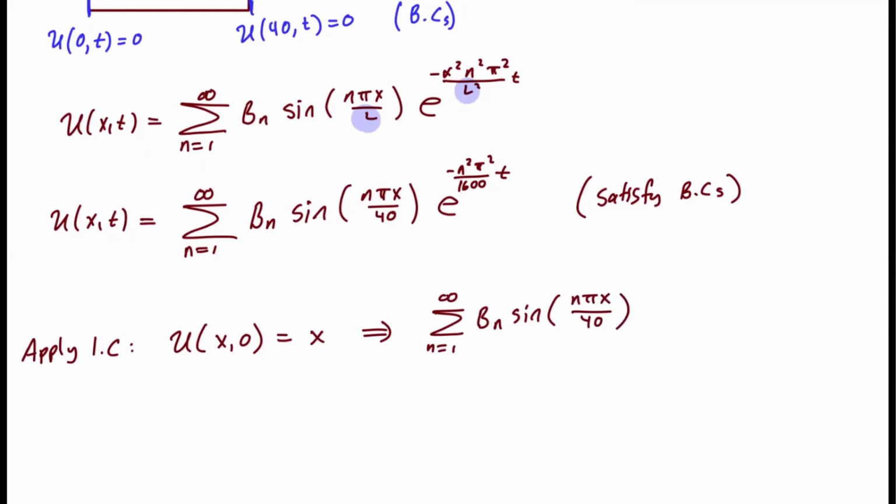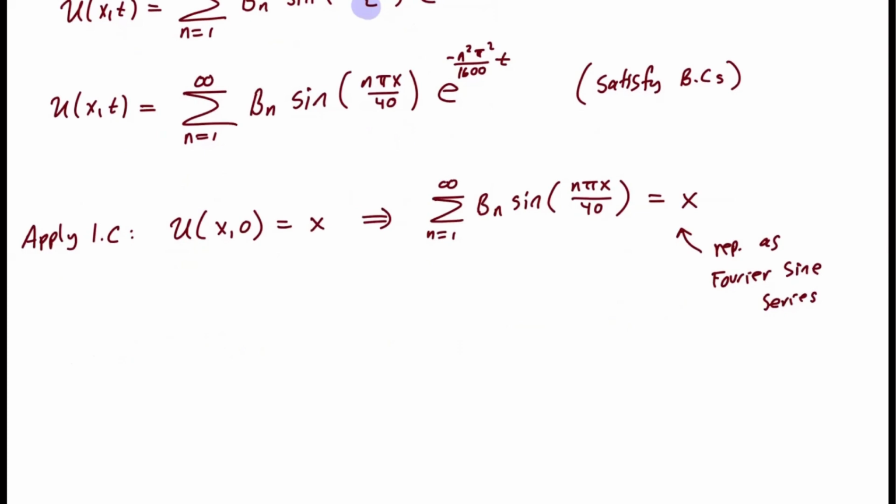When you plug in 0 for t, the exponent will be 0, so you'll have e to the 0, that's 1. That's why we don't have that exponential term. And we're going to set this to our initial function, which is x. What that means is you want to express this as a Fourier sine series. That's what that is, in case you're wondering what is going to come next. So our function x, we're going to represent as a Fourier sine series.